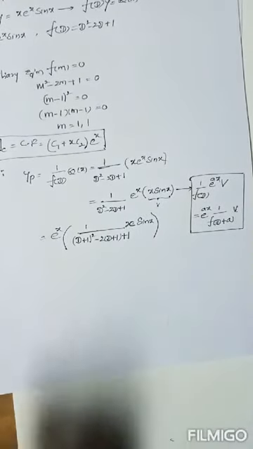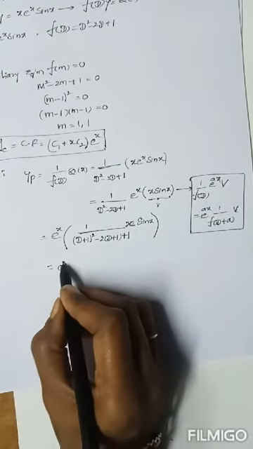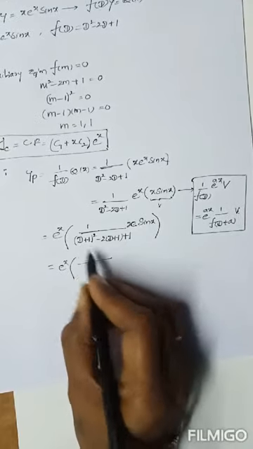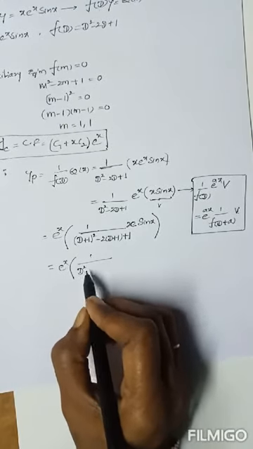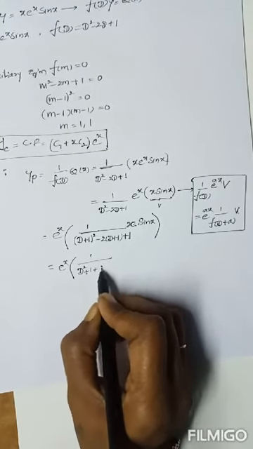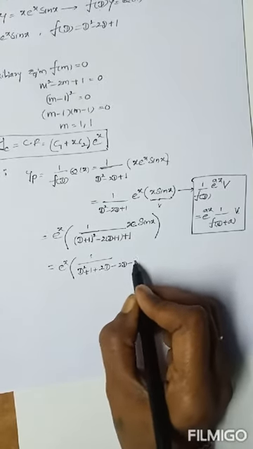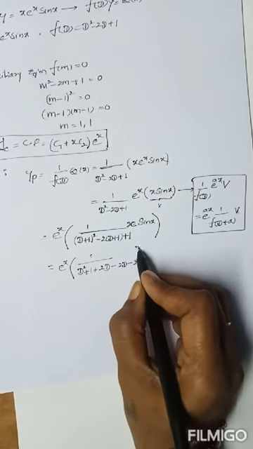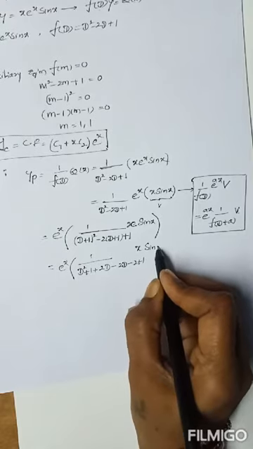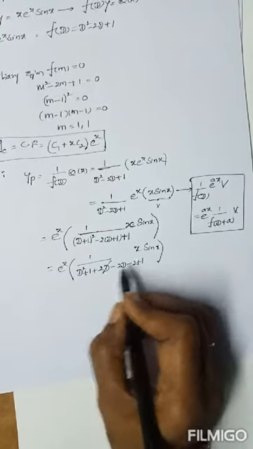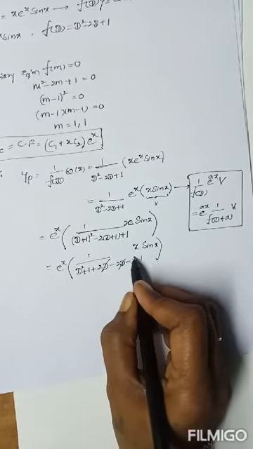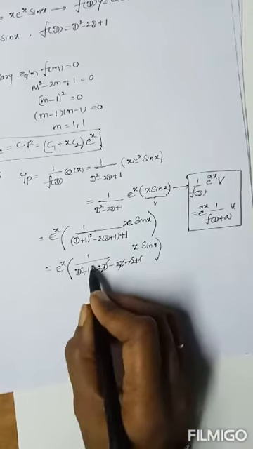After that, e power x simplification: using the a plus b whole square formula, a square plus b square plus 2ab, minus 2D plus minus 2, plus 1, acting on x into sin x. Here the two terms get cancelled, plus 2 minus 2 also gets cancelled.